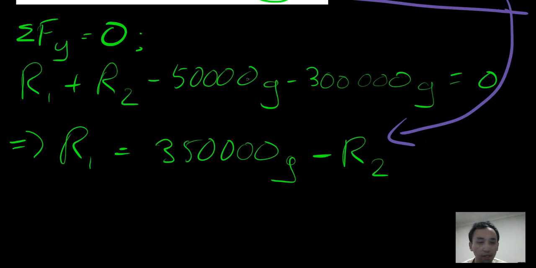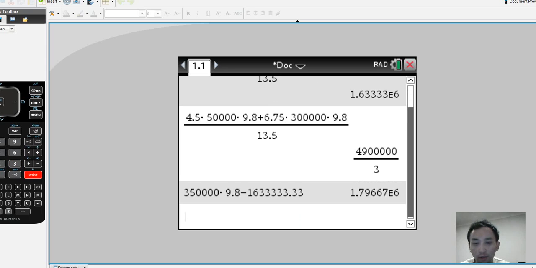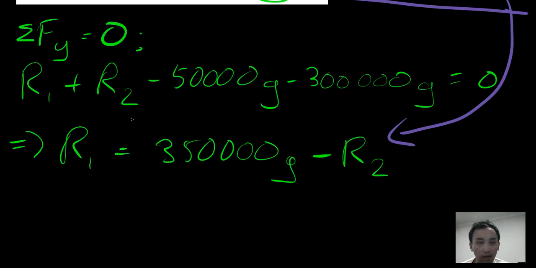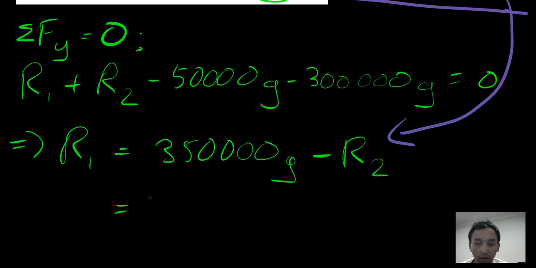So let's just chuck all of that into the calculator again. So we get 350,000 multiplied by 9.8 subtracted by about 1.6 million. So let's give decimal places just for a little bit more precision. And over here it seems like we get 1.79 million.